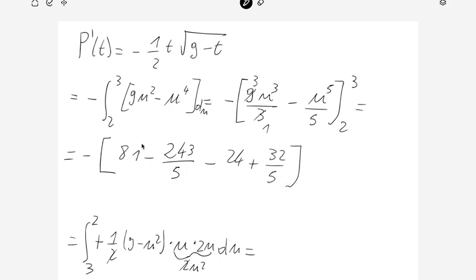Okay, you compute this quantity. This quantity is positive, so with the minus it is negative, but it is natural that it is negative because the population decreases, so the change of population is negative.